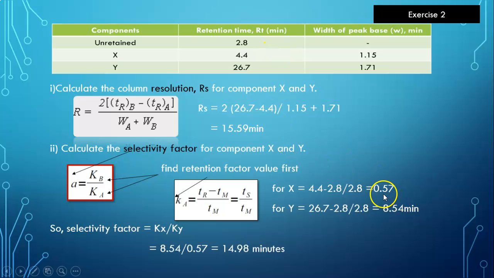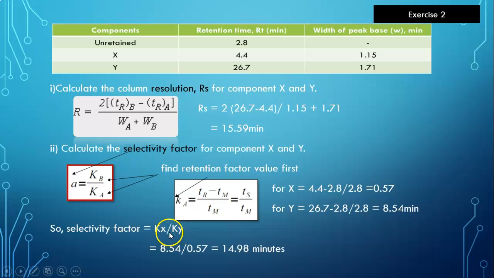So you got 0.57, and for component Y, you got 8.54.